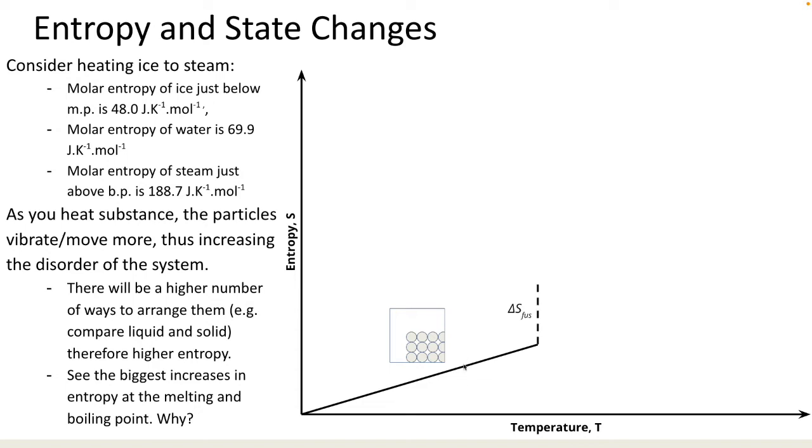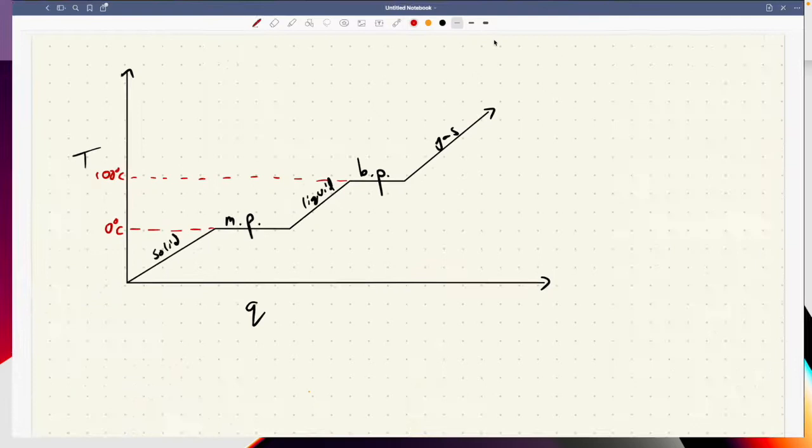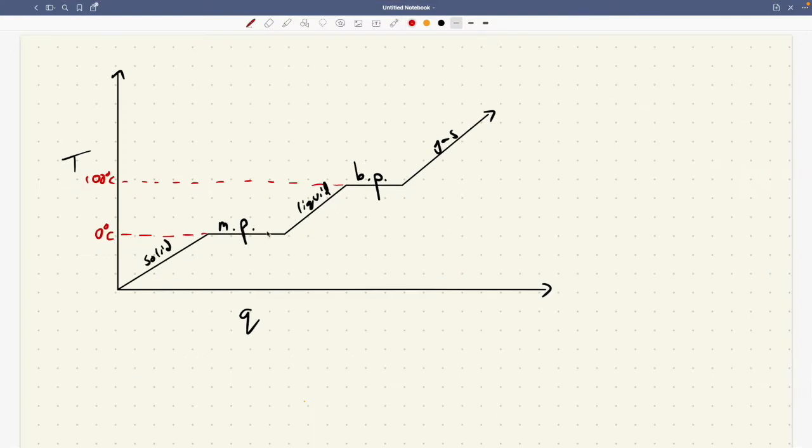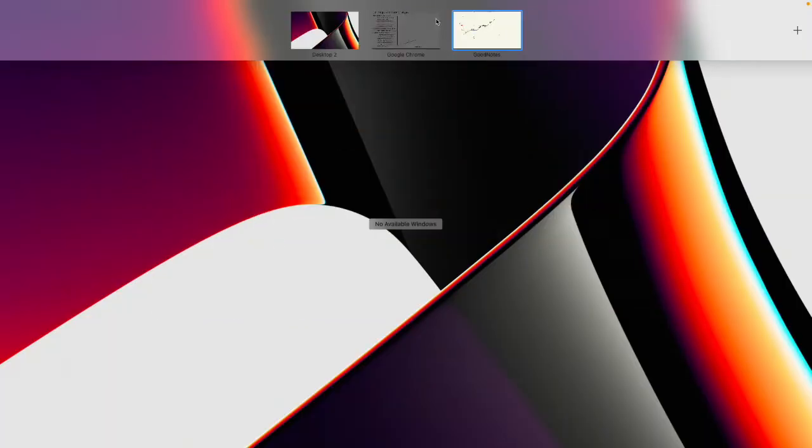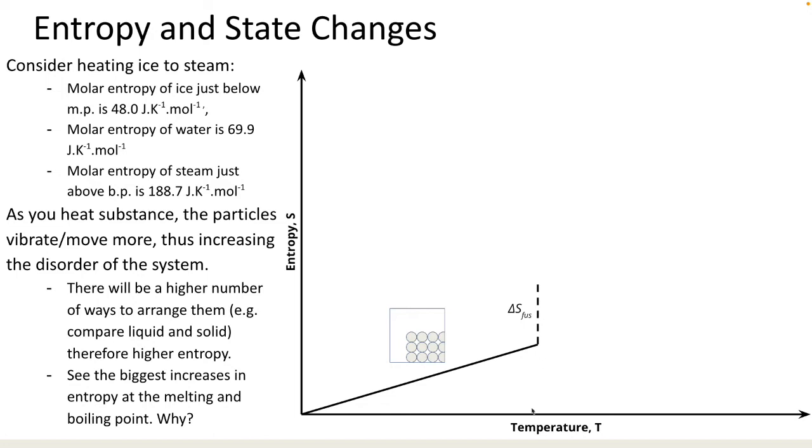But what we observe at the melting point is the entropy increases sharply, but the temperature doesn't change at all. And we can think about why that is, because we've said that at a phase change, the temperature doesn't change. So that's why the temperature remains the same.